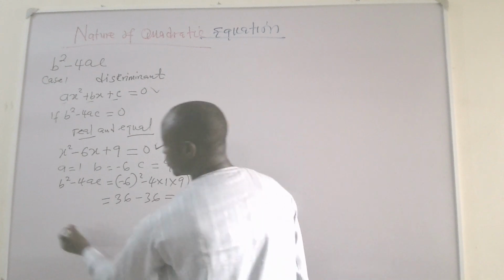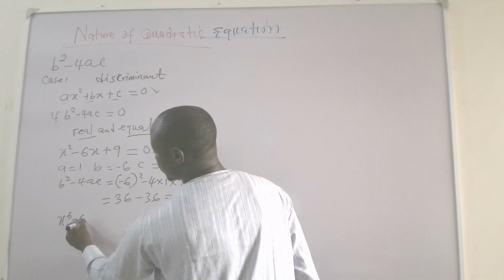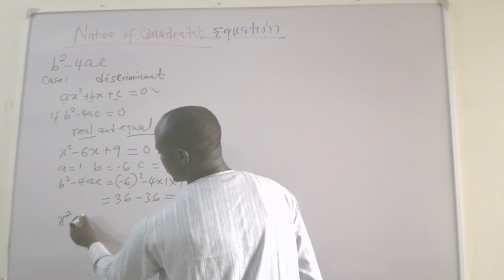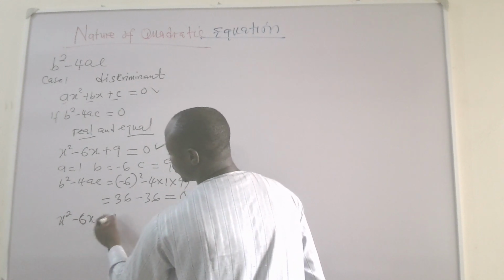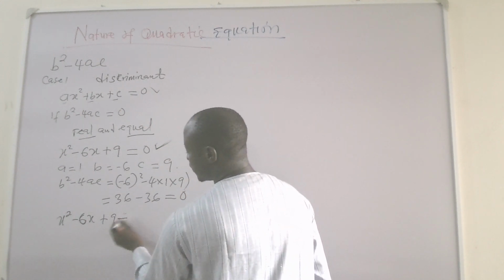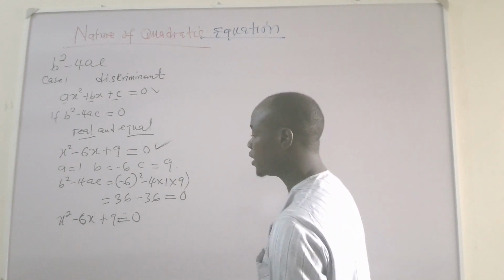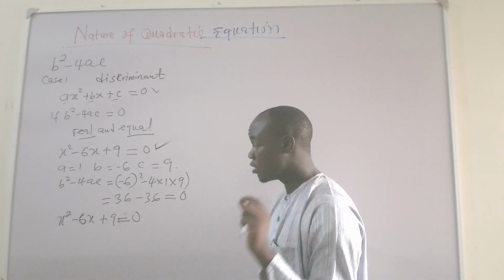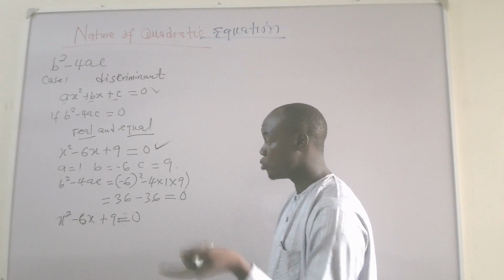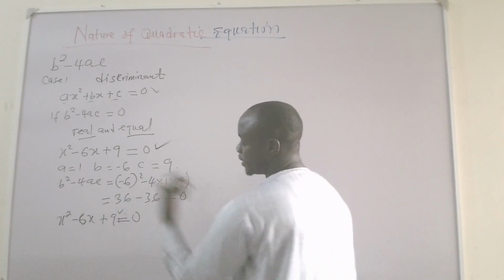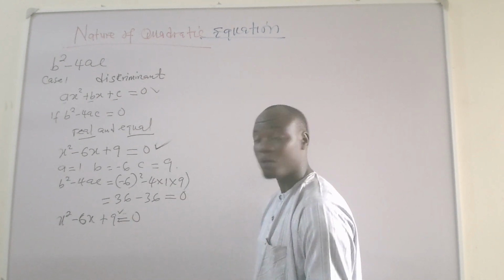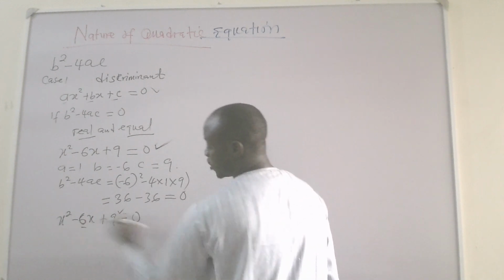We have x squared minus 6x plus 9 is equal to 0. In the factorization method, first we think of two numbers that multiply to give 9 and add to give minus 6.